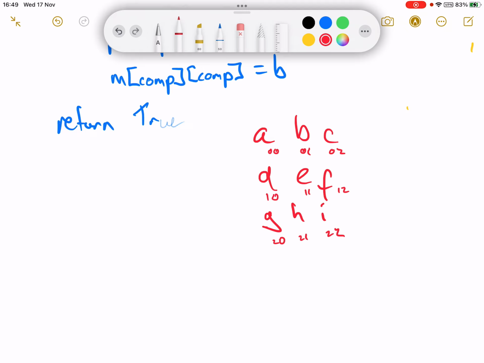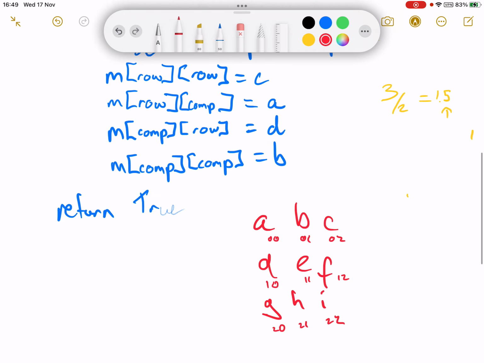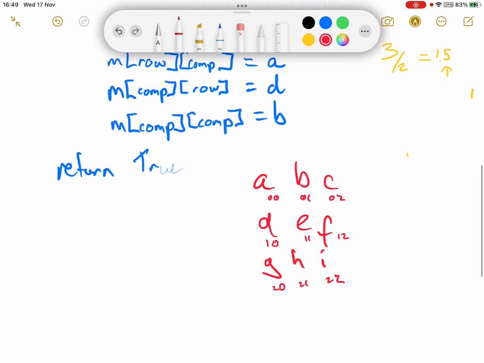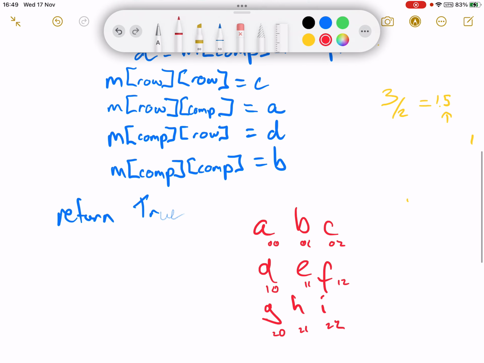No. Row is 1, 1. Oh, no. 3 minus 1. It's 2. No, the row is 1. Right? So it's 1, 1.